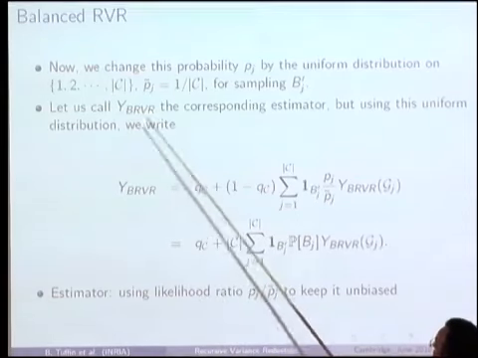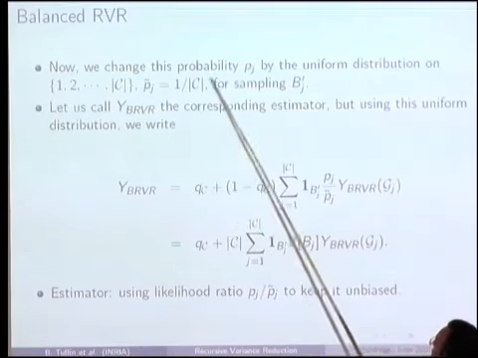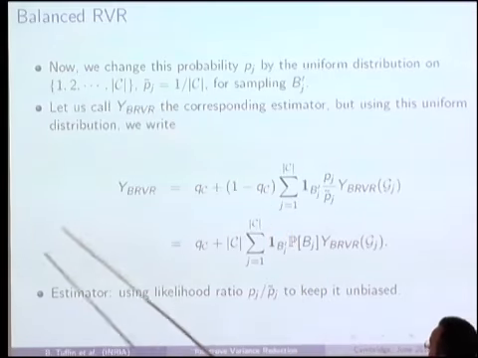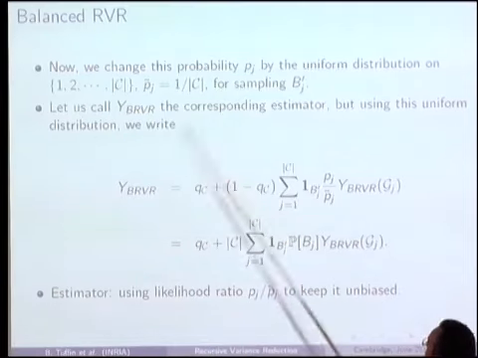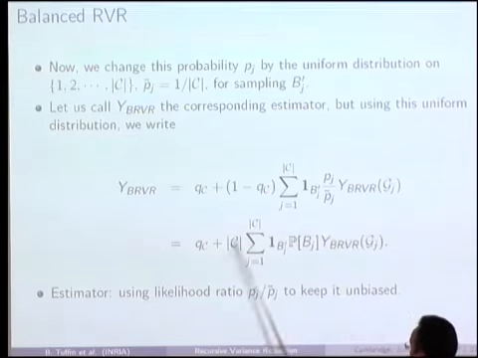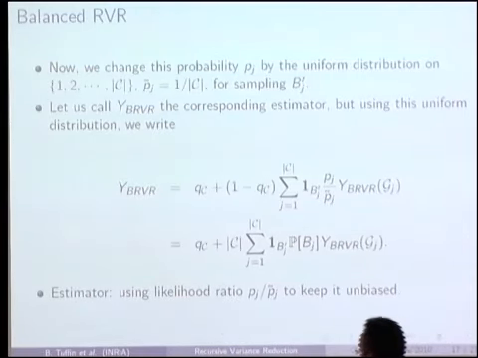And for balanced RVR, what we do is that we use a uniform distribution for the first link that is failed on the cut, 1 over the number of links on the cut, and we then end up with this kind of expression for the estimator.